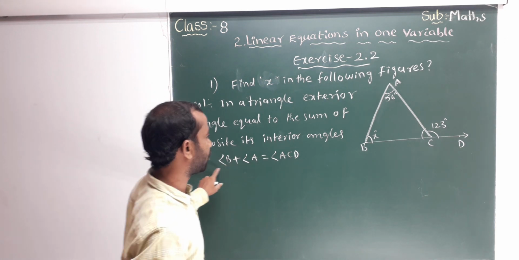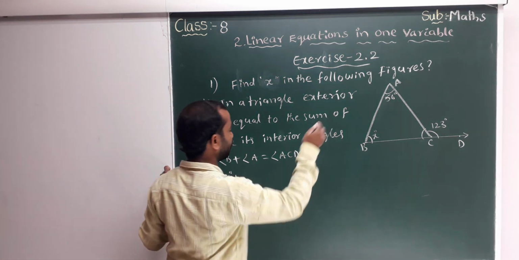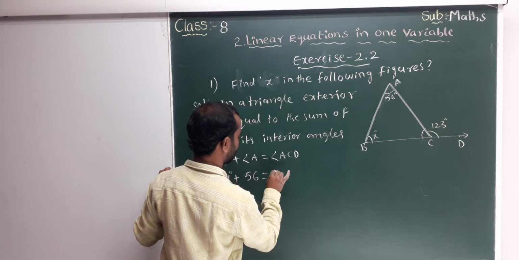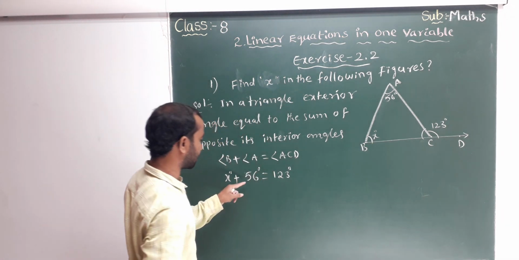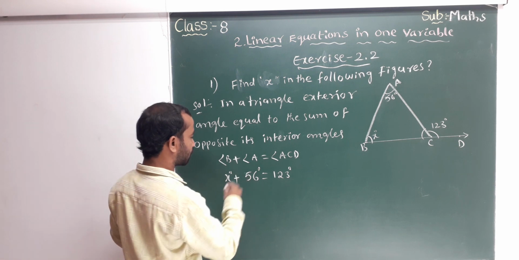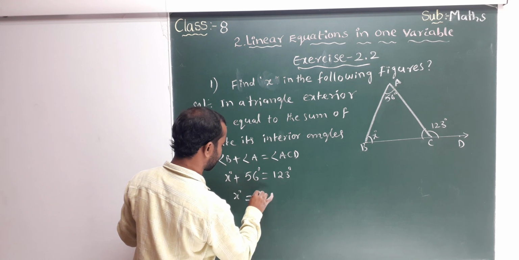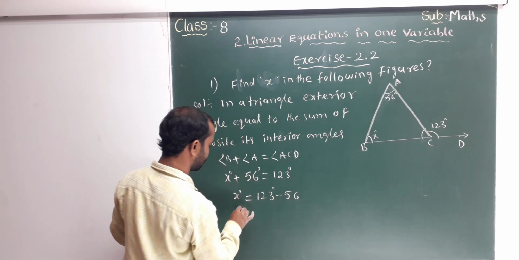So the value of angle B here is x. Next, the value of angle A is 56, angle ACD is 123 degrees. Okay. 56 is the addition, transposing to right side becomes subtraction. 123 degrees minus 56.